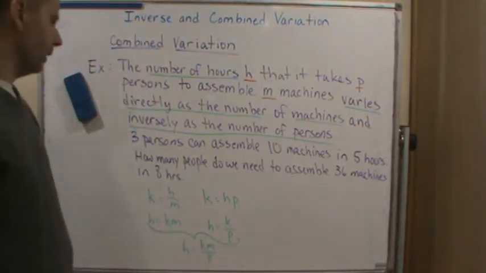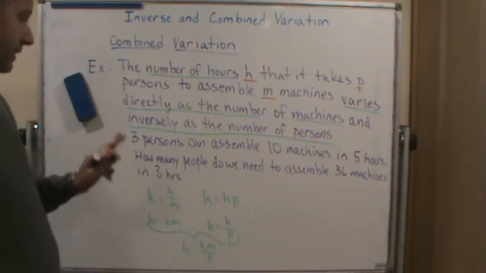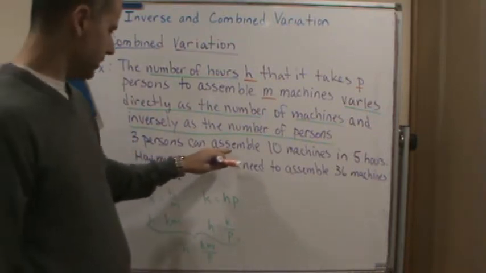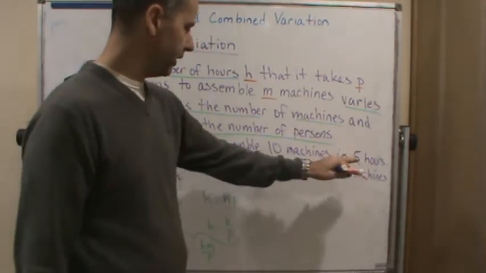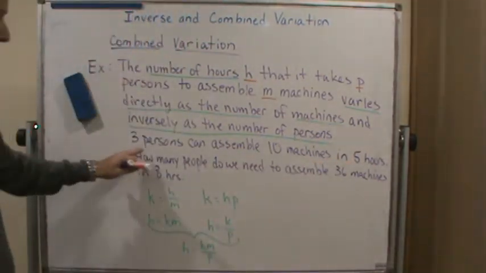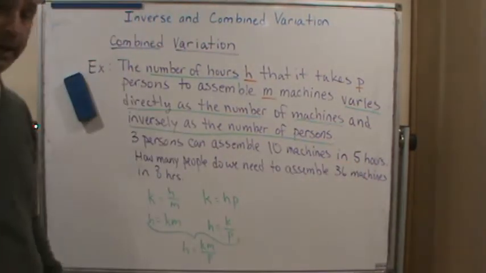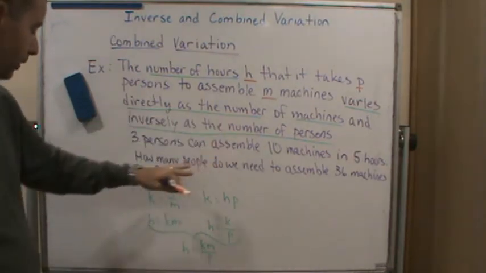Now, the next thing it tells us is 3 persons can assemble 10 machines in 5 hours. That's the information we're going to use to find K, because they don't give us K anywhere in here.